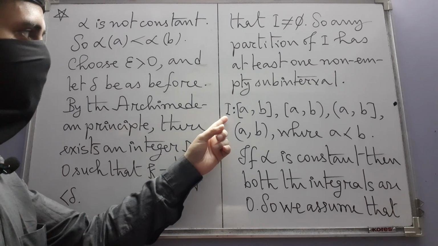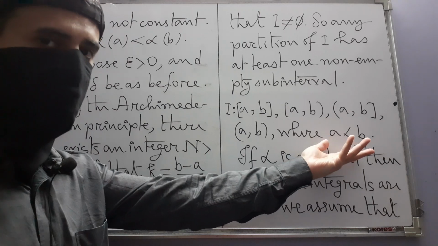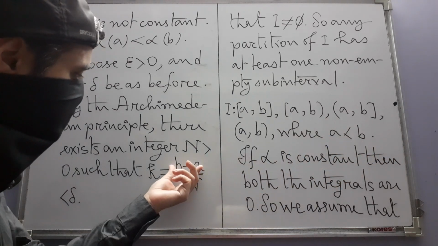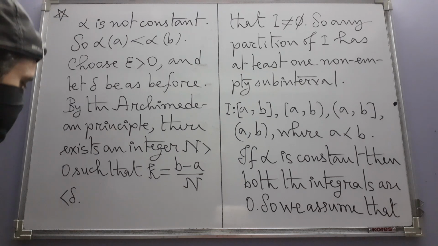Note also that the non-degenerate nature of I makes a less than b, we have already mentioned that, so this is a positive real number that is less than delta.